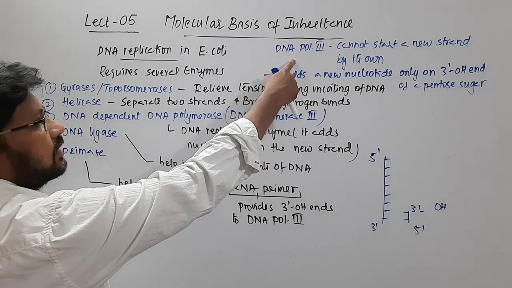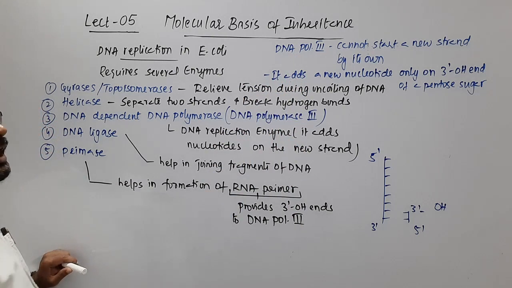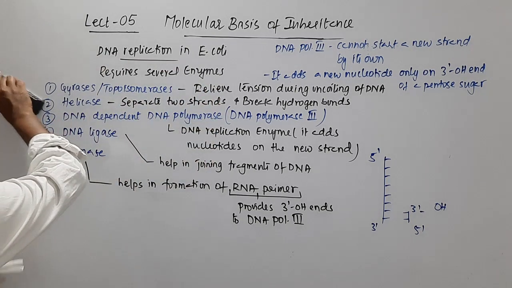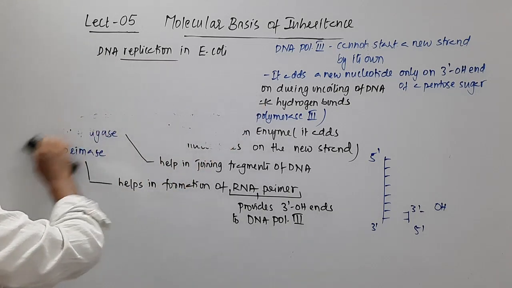It cannot start a new strand on its own, and it requires 3' OH end. Without that, it cannot perform synthesis of a new strand. Right. So let's see how this takes place.